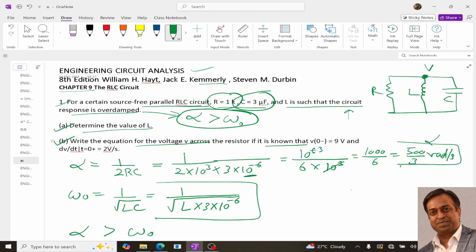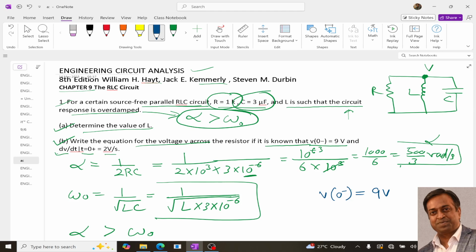if it is known that the voltage at 0 minus is 9 volts and the differentiation of the voltage at t equals 0 plus is 2 volts per second. Now from these initial conditions, two initial conditions are given.